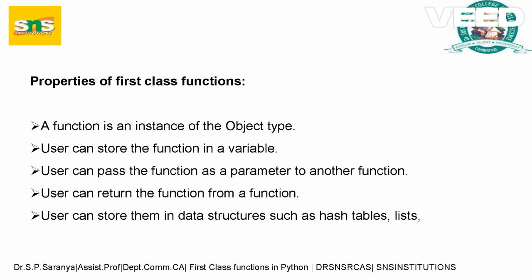A function is an instance of the object type, and the user can store the function in a variable. The user can also pass the function as a parameter to another function, and we can return the function from a function, and store them in data structures such as hash tables and lists.